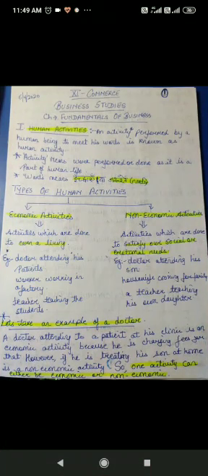Because we have many needs and wants which we have to satisfy, and they can only be satisfied when we work, when we perform an activity. So the activities performed by humans are known as human activities.